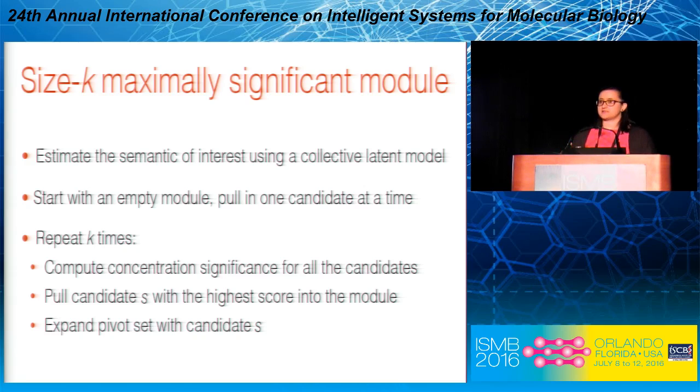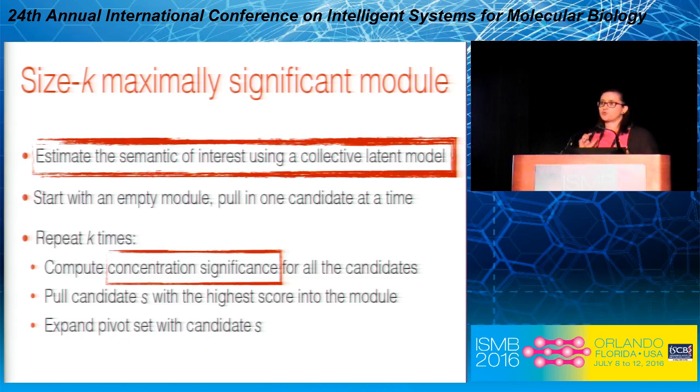Then in the second step, we start with an empty module and perform K iterations, if the output is a module of size K. At each iteration we score the candidates based on the module scoring function F, which we call concentration significance, and then we pull into the module the most promising candidate.